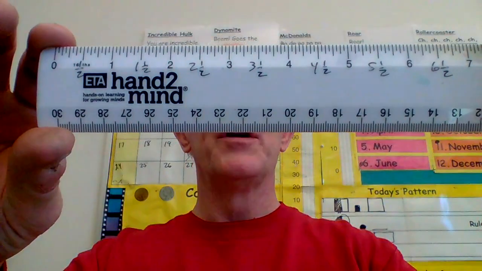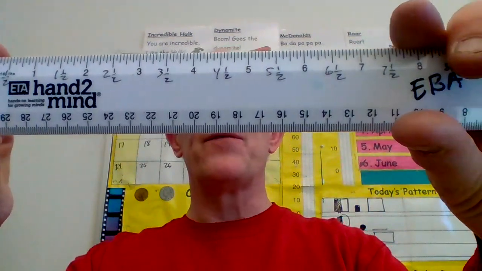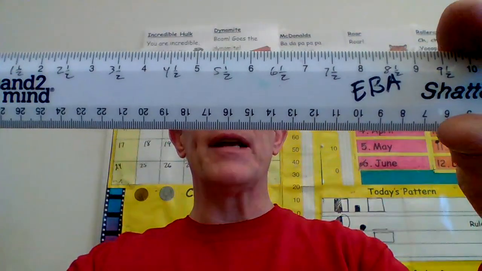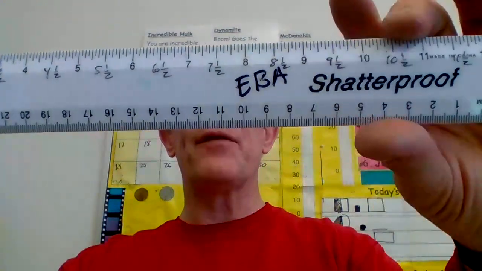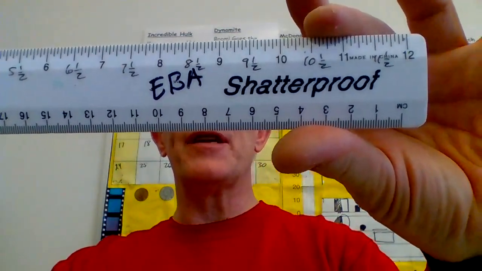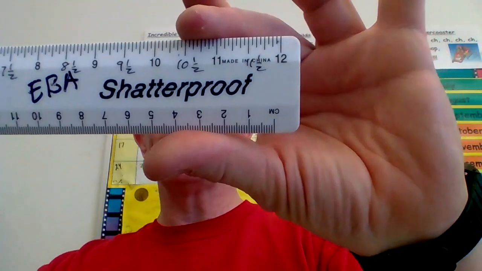Let's go over here, starting at a half. It's hard for me to do my fingers. Half, 1, 1.5, 2, 2.5, 3, 3.5, 4, 4.5, 5, 5.5, 6, 6.5, 7, 7.5, 8, 8.5, 9, 9.5, 10, 10.5, 11, 11.5, 12. Good job, boys and girls.